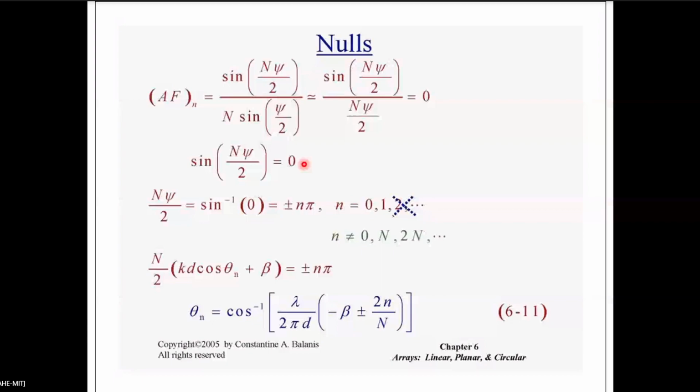When n psi/2 is equal to plus or minus m pi, where m is 1, 2, 3. m should not be 0 or capital N or 2N, because then it will be a 0 by 0 form. So m can be 1, 2, 3, 4 and so on, but m cannot be 0, N or 2N. Any questions on this?